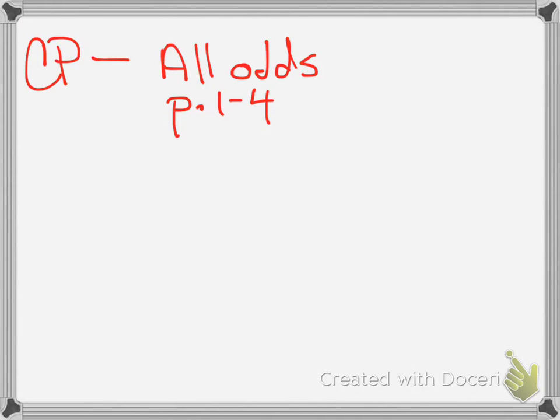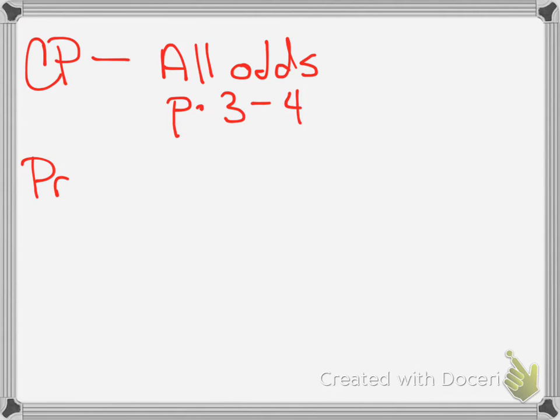That's 1, 3, 5, 7, and I've done quite a few of those. 9, 11, 13, 15. I changed my mind. You can do the odds on pages 3 and 4. And that's it. So for the CP classes, don't worry about those first 2 pages. Just look at the problems I did, and if you have more questions, I can answer more. But do the odds on the last 2 pages.